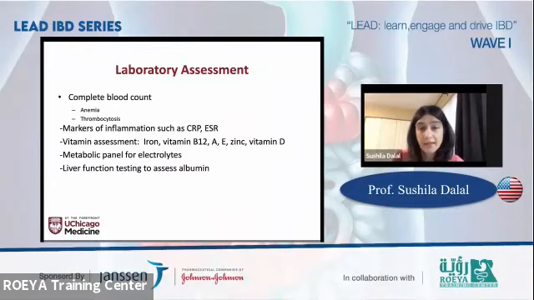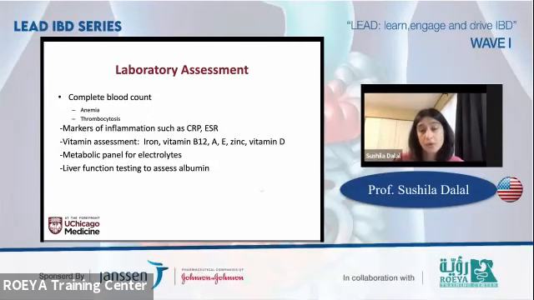Or platelets may be elevated due to inflammation, so you may see a thrombocytosis. Markers of inflammation, such as the C-reactive protein or the erythrocyte sedimentation rate, can be elevated. However, these are not perfect. About 15 to 20% of people with active inflammation don't make C-reactive protein. So a normal CRP does not rule out inflammation.